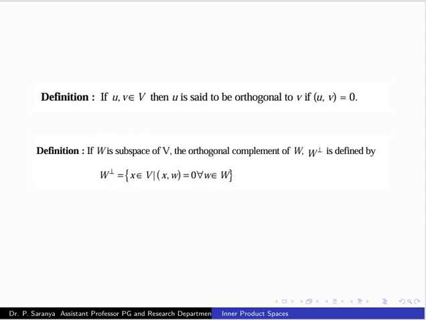Next we see the definition for orthogonal. If u comma v belongs to capital V, then u is said to be orthogonal to v if inner product of u comma v equal to 0.